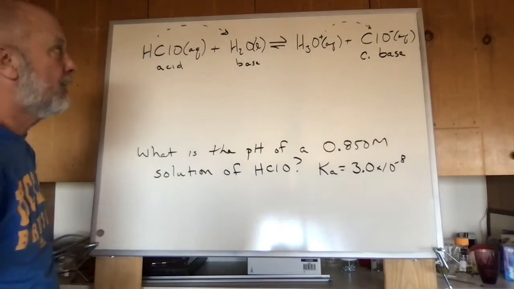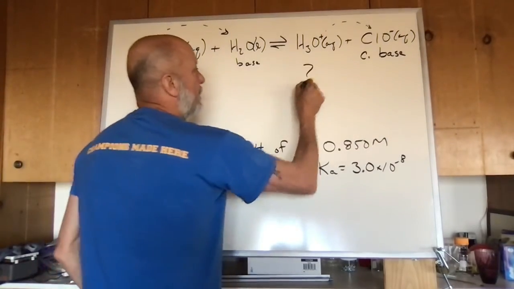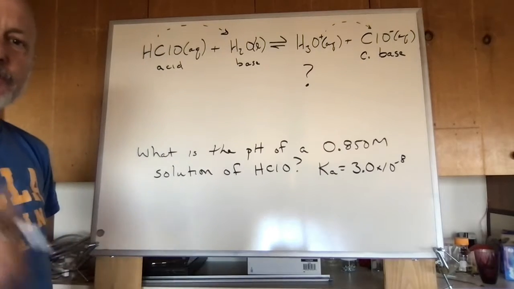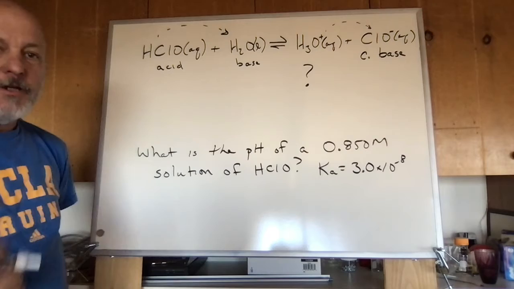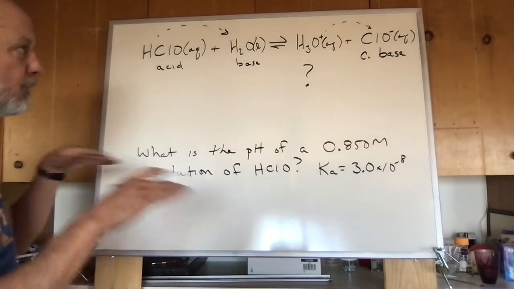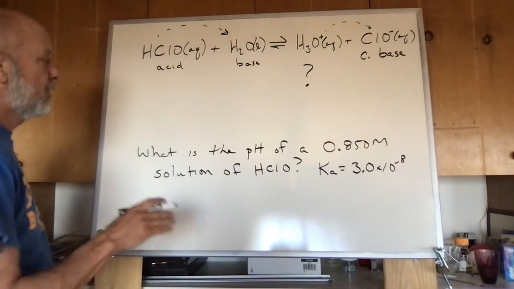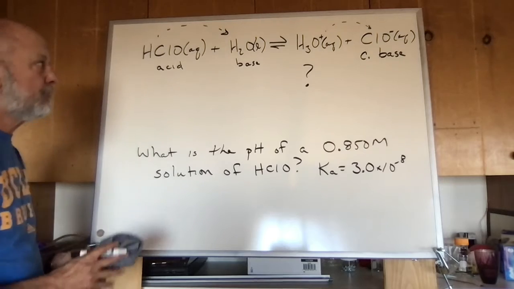Less than 1% will. So how do we find the hydronium ion concentration so that we can find the pH of this thing? We need to use an ice table. It's an equilibrium situation, so let's use an ice table.